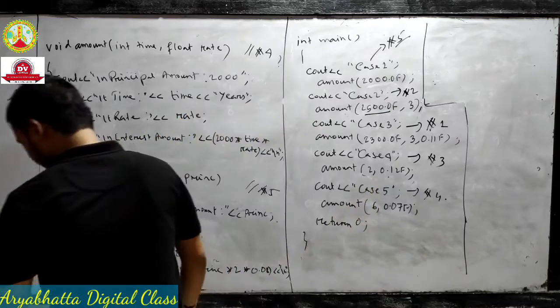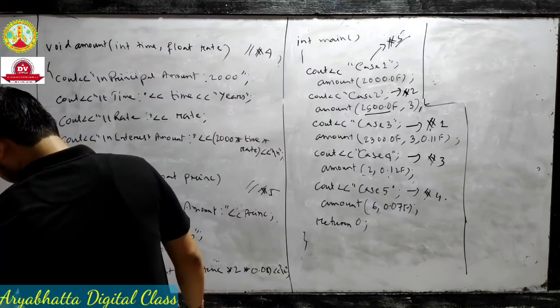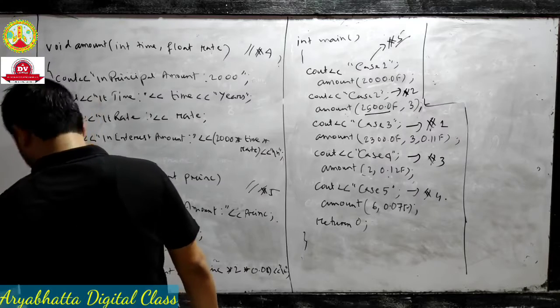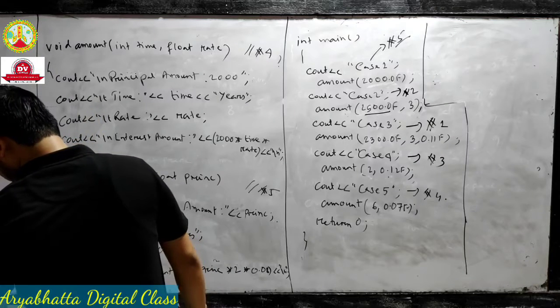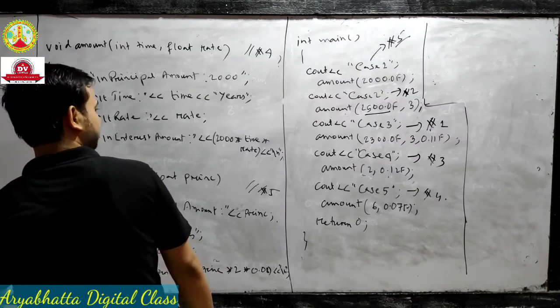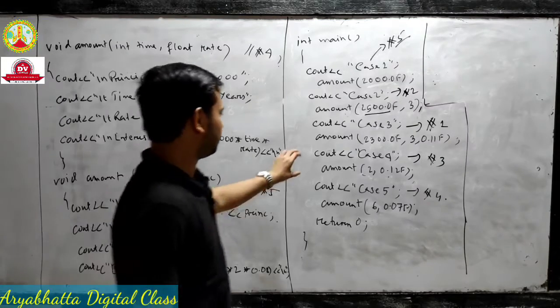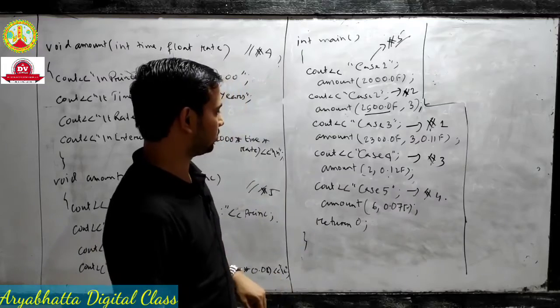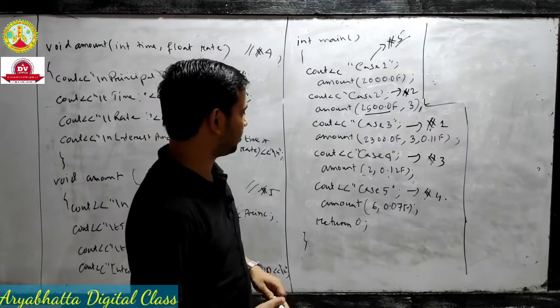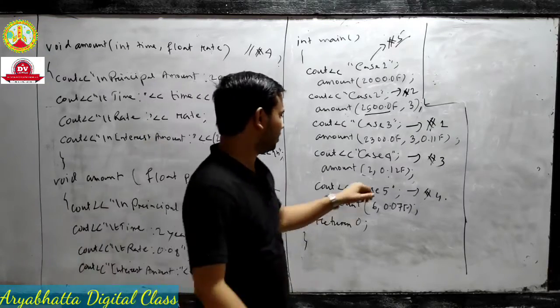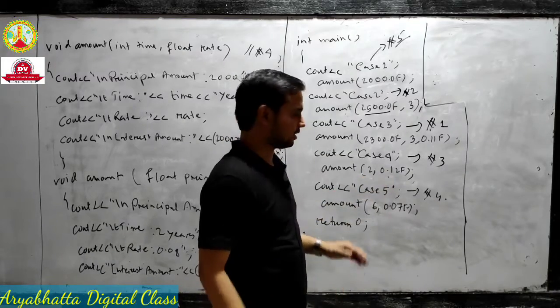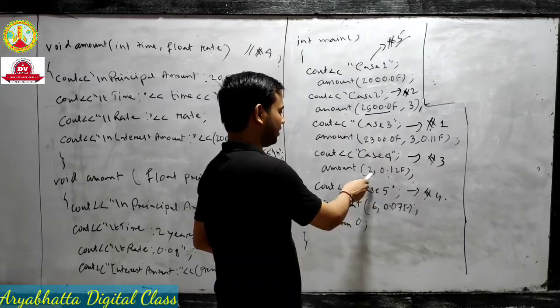And in function 3 there are principal amount, time and rate. Don't get confused: in function 3 the principal amount is not declared, but time and rate are declared, and their time is 2 and here time is 2.